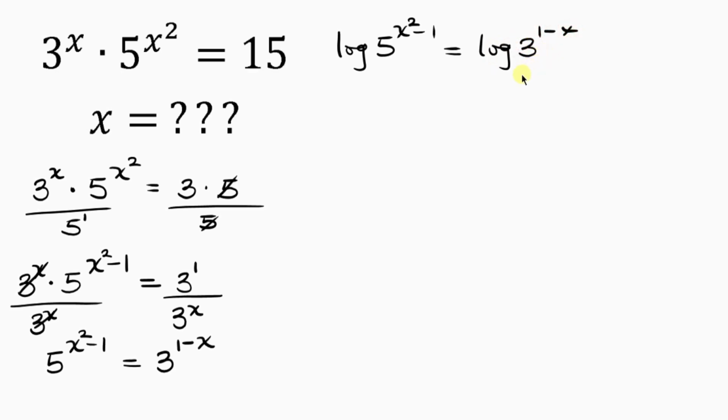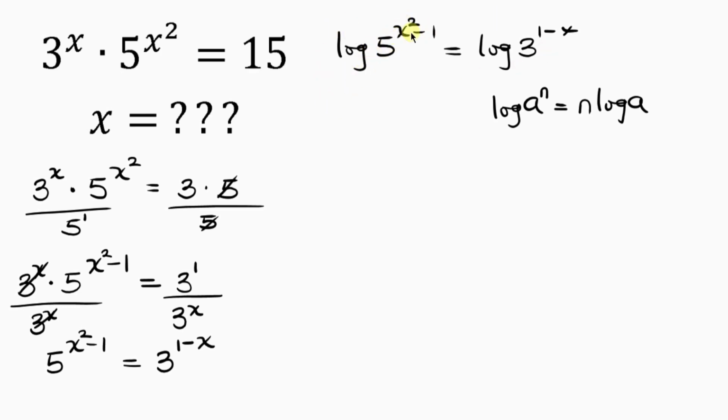Now I'm going to be applying the law of logarithm here, which says that whenever I have, for example, a log of a number, let's say a raised to a power of n, this can be written as n, which is the power, multiplied by log a. That means we can use this power to multiply log a. So let's apply that law to this expression we have here.